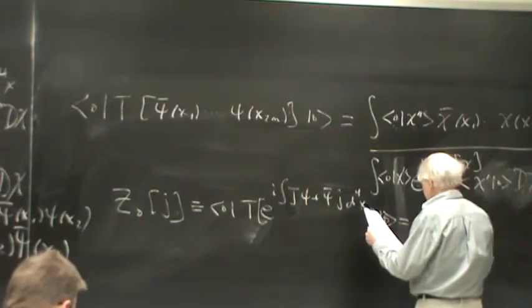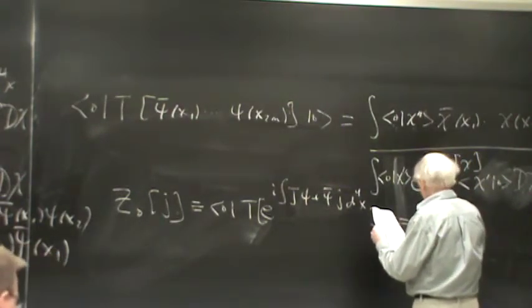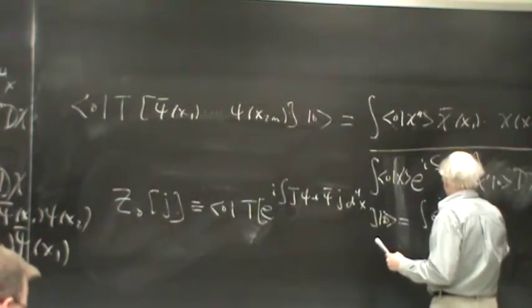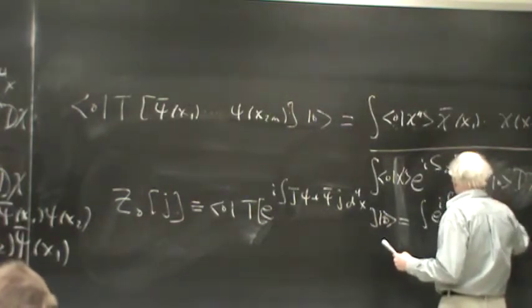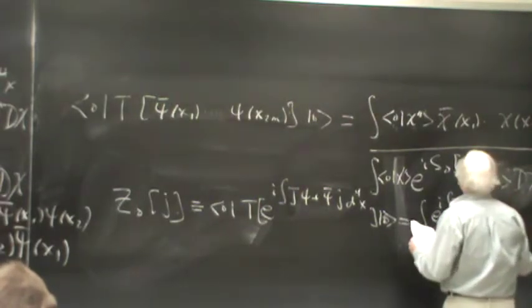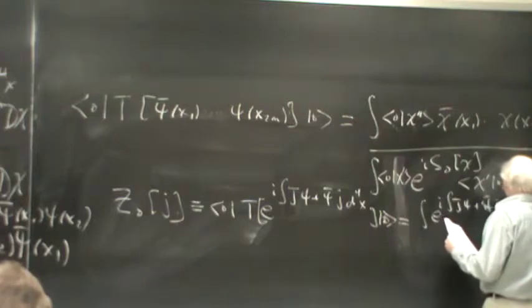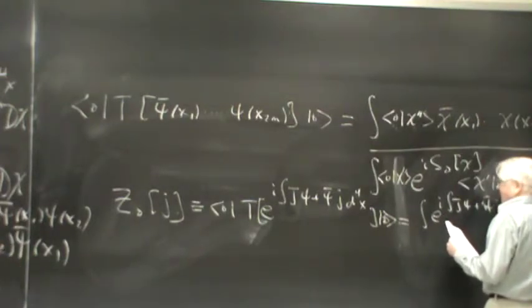In other words, it is the integral e to the I integral j bar psi plus psi bar j plus S0. Oh, I've switched from chi to psi.